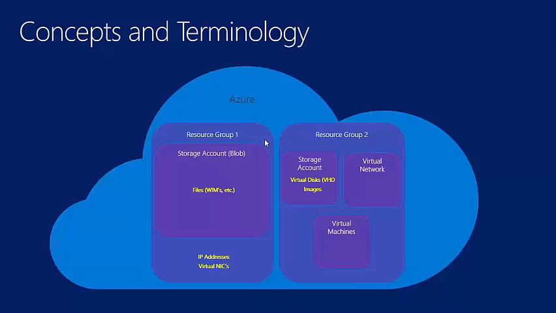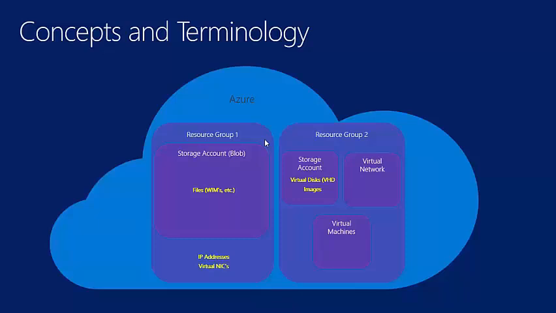On the left, I have resource group 1, and in resource group 1, I have a few things. I have some IP addresses that might be assigned, some virtual NIC details that might be assigned. Those are specifically located in the resource group. They are not part of the storage account in resource group 1. The storage account itself is also a resource in resource group 1.